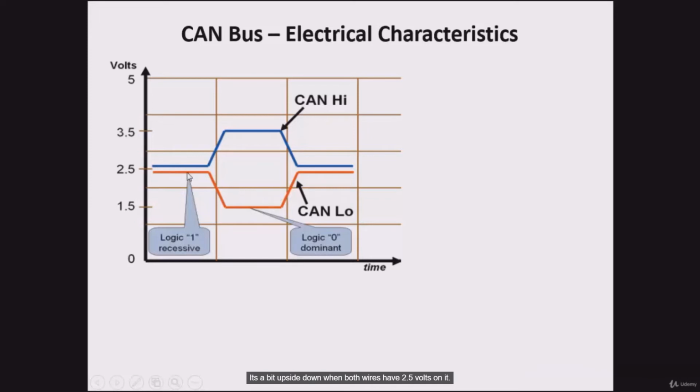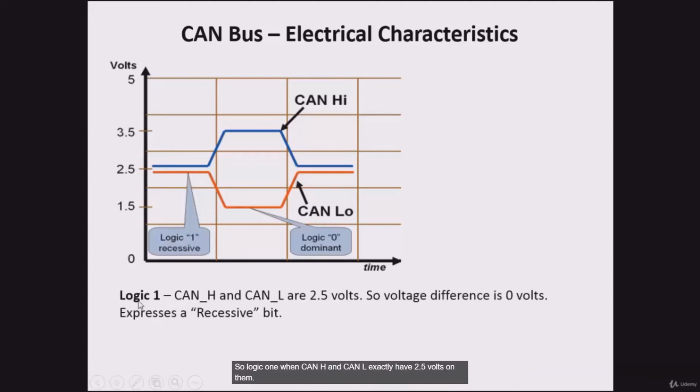When both wires have 2.5 volts on them, it's actually considered a logic 1. So logic 1 is when CAN high and CAN low both have exactly 2.5 volts, so the voltage difference is 0 volts. 0 volts actually means a logic 1. See, kind of upside down.